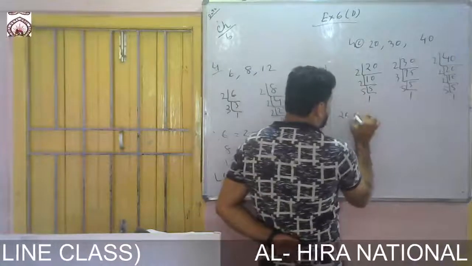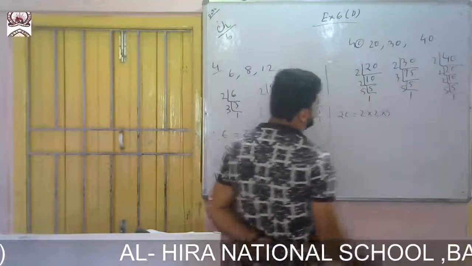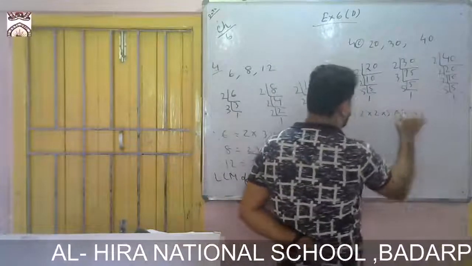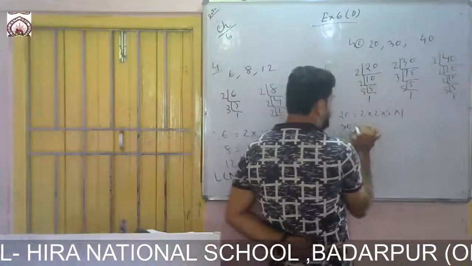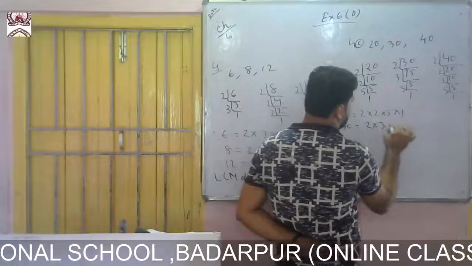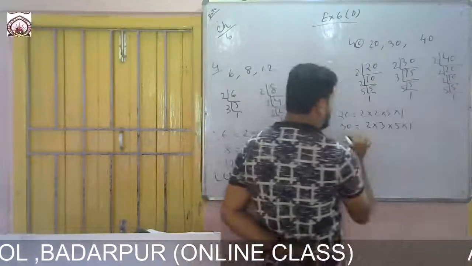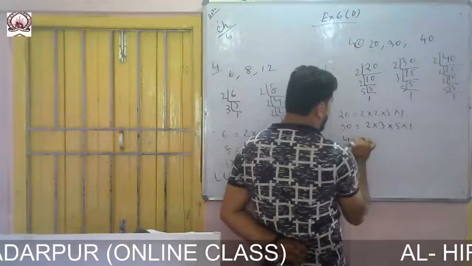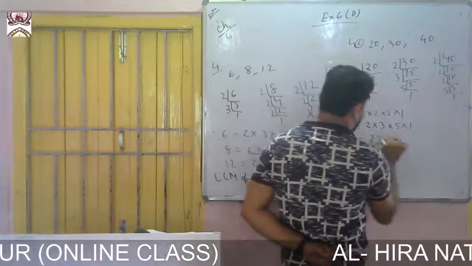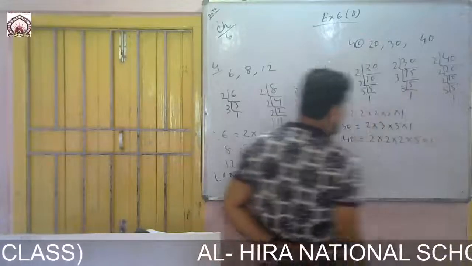So now you write 20 equals to 2 into 2 into 5 into 1. Then 30 equals to 2 into 3 into 5 into 1. Then 40 equals to 2 into 2 into 2 into 5 into 1.